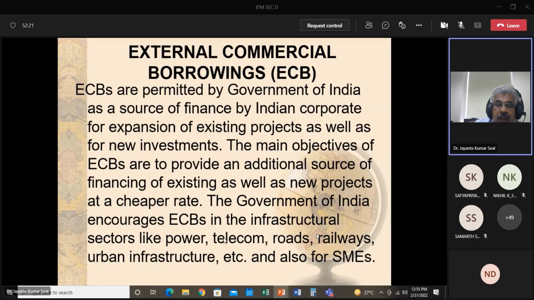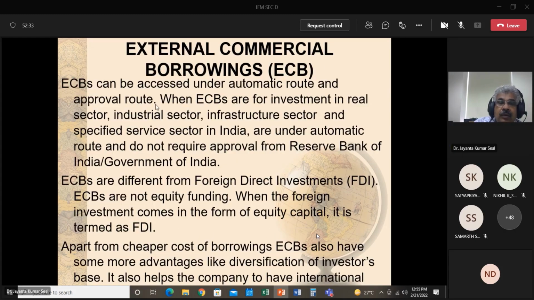So what are the areas where the government normally encourages? Telecom, roads, railways, urban infrastructure, etc., and also SMEs. They can be accessed under the automatic route and the approval route. When ECBs are for investment in the real sector, industrial sector, infrastructure sector, and specified service sectors in India, they are under the automatic route and do not require approval from RBI.